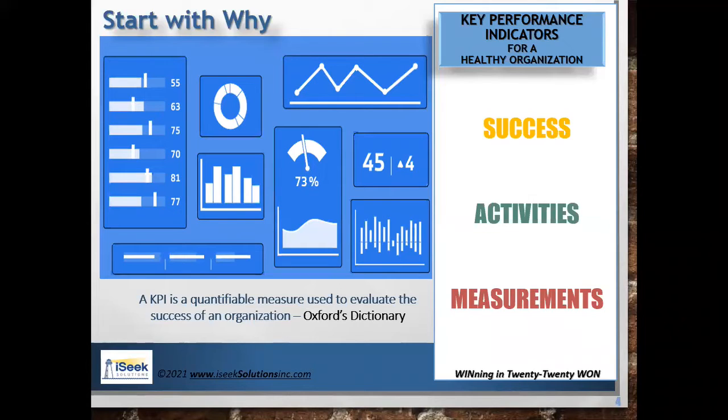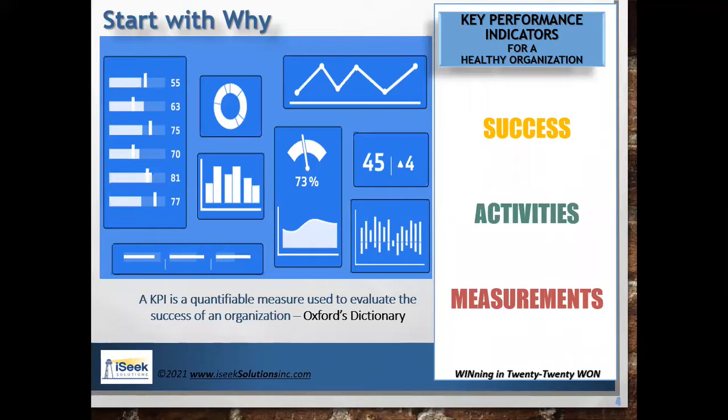So for example, in production, if we're needing to produce more widgets, then we may have a volume or a quantity KPI or measurement that says each week or each month or each quarter, we need to hit this number of widgets being produced so that we can support the overall goal of increasing our sales by 10%, so that we hit that success area goal of our strategy.